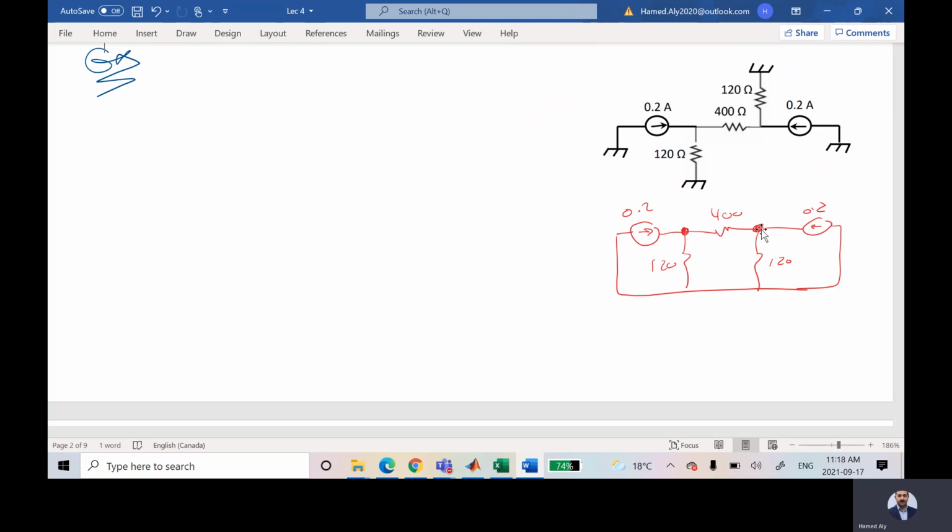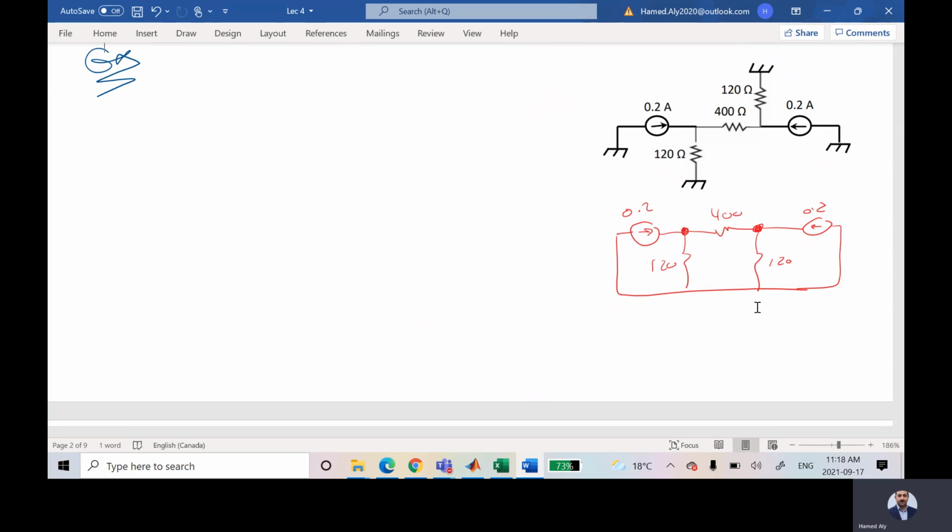If I realize that from the beginning, I will say, since this voltage is equal to that voltage, the current here is equal to 0. Based on that, I will not have any current in 400, and 0.2 will go directly to 120, and 0.2 will go directly to 120, and that's it.